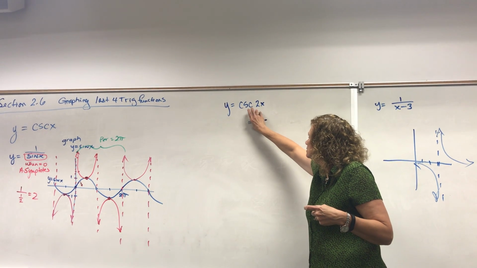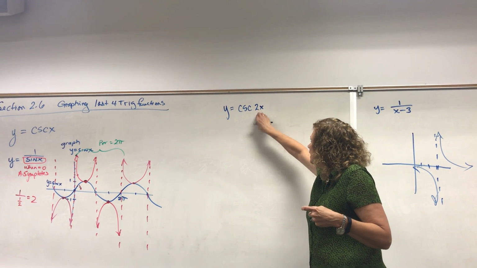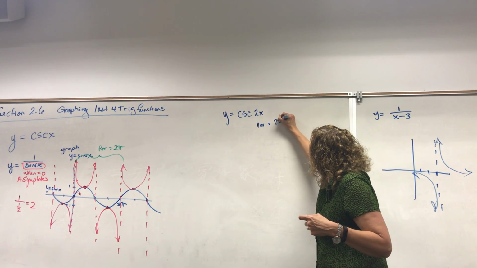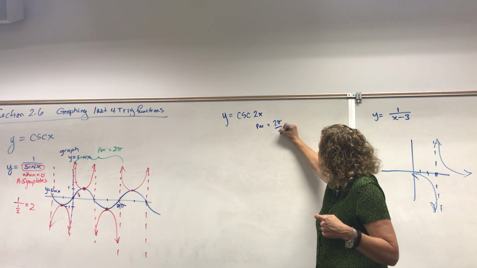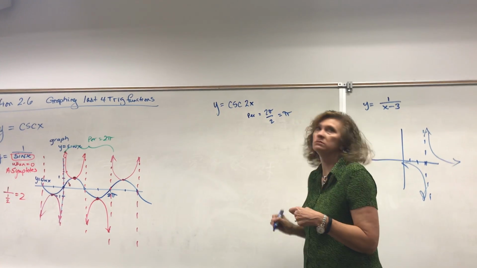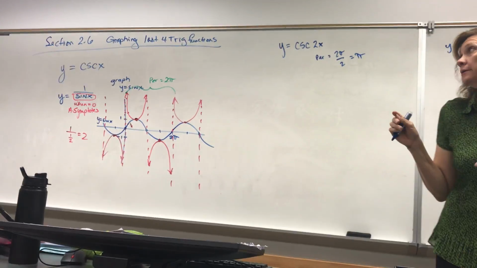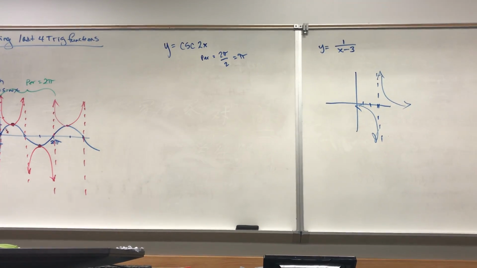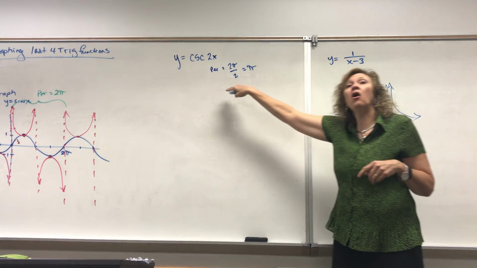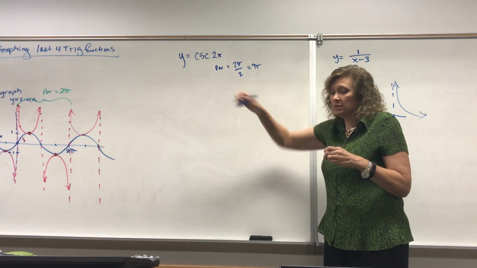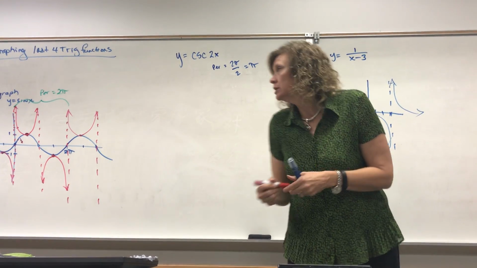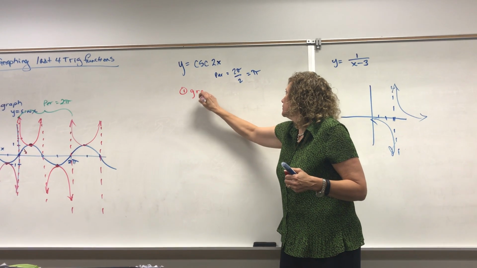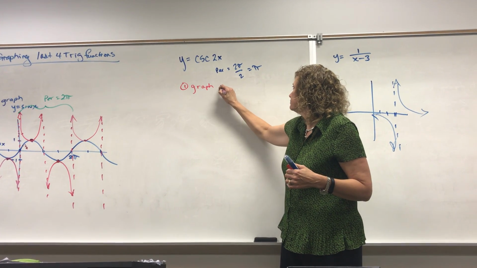This has a period of 2 pi, but I'm going to divide by the coefficient of 2, so now my period length is pi. Okay. And honestly, I don't really know how much I think about that right now, because what I'm going to suggest that you do is you first graph the reciprocal function.